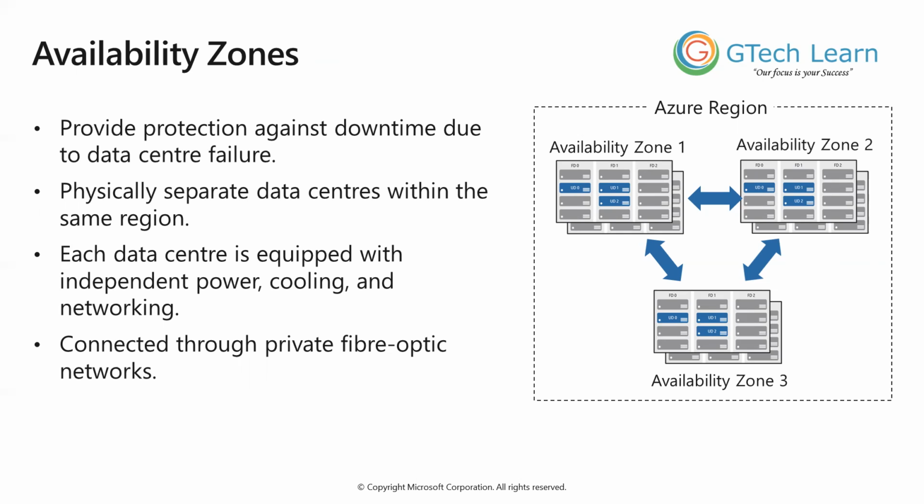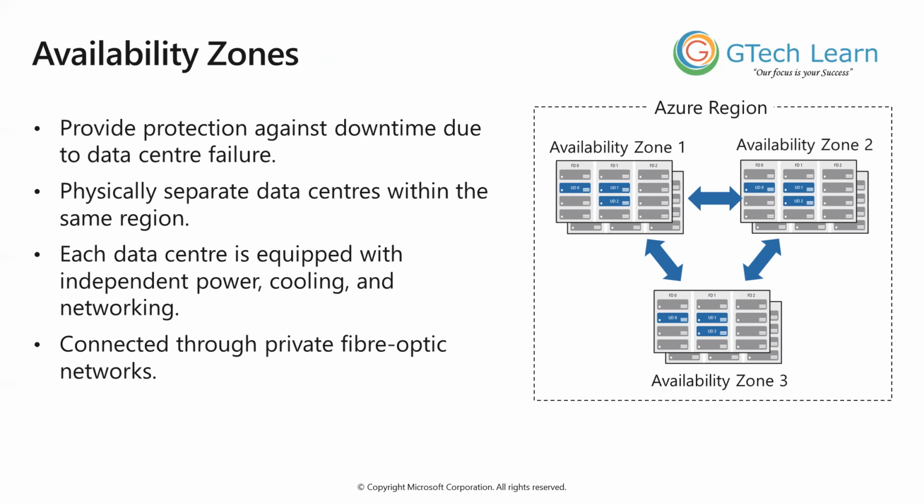Each data center within an availability zone will have its own independent power, cooling, and networking infrastructure, so that if one zone goes down for any reason, the other zones continue to work. That is why these availability zones are established in the same region.